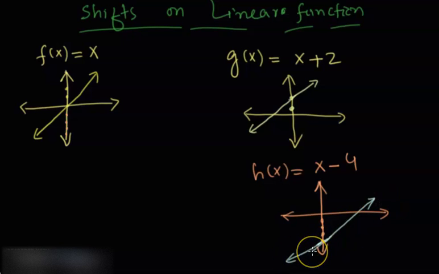It doesn't look like a line, but you should assume it will be a line that way, passing through this 4. So this was a vertical shift of 2 units upward, and this is a vertical shift of 4 units downward.